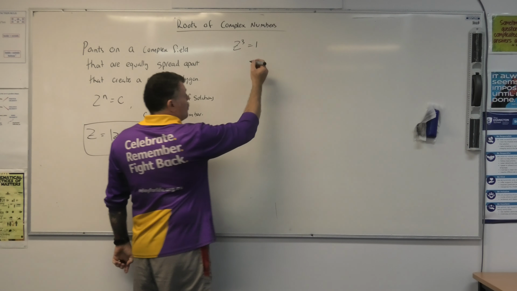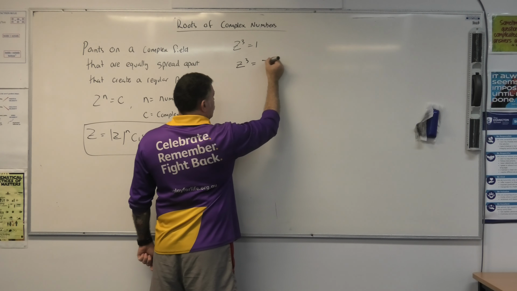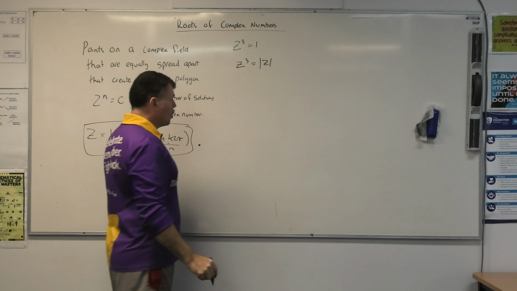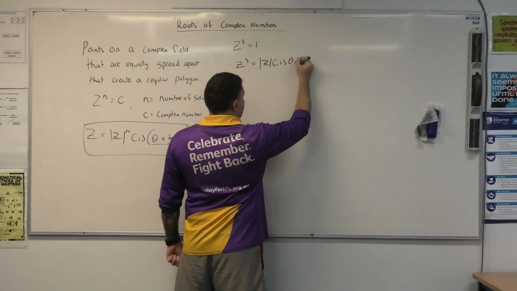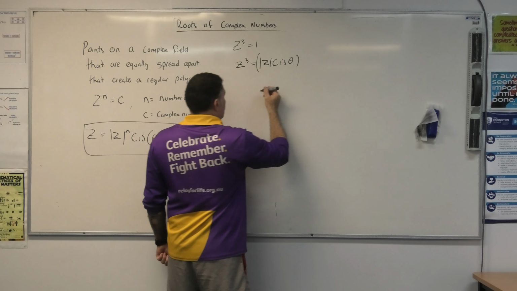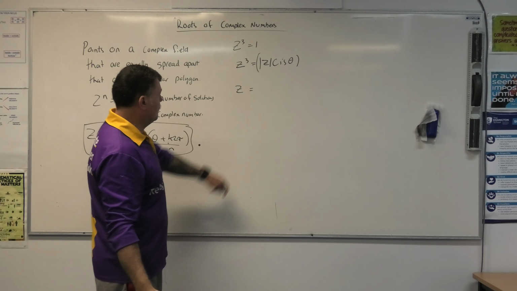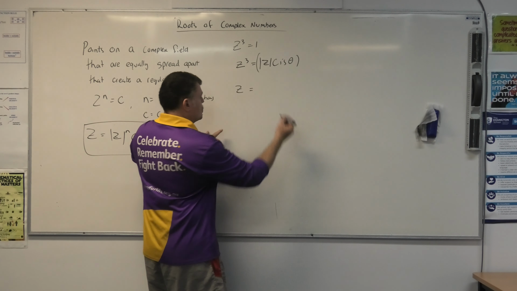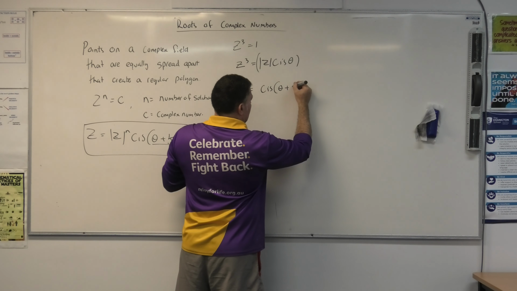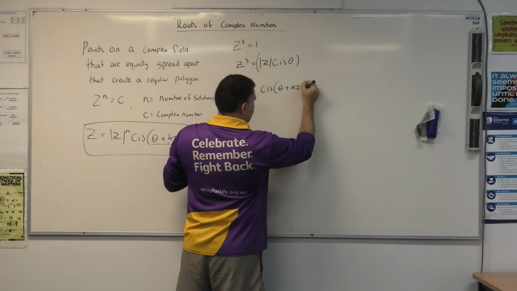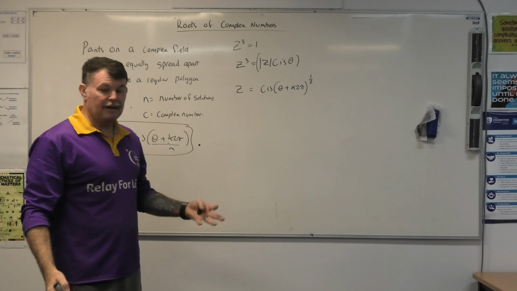So I can rewrite this as z cubed is equal to my complex form, cis theta, which can now be written as z is equal to, now I don't have a modulus here, so I'm just going to rewrite this as cis of theta plus k 2 pi, to the power of 1/3. I've now written these values out.